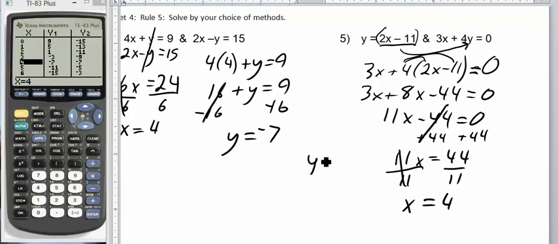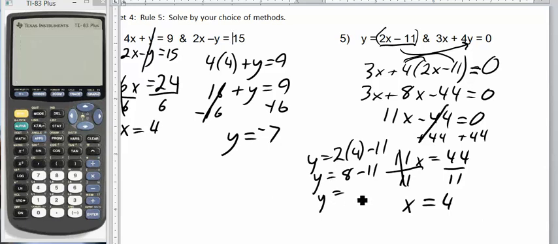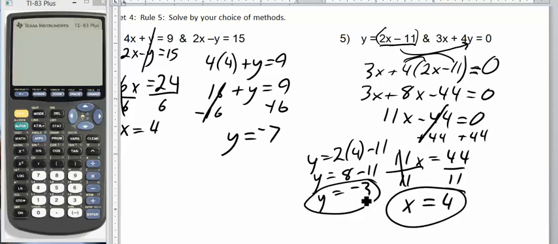So y equals 2 times whatever x is, and x is equal to 4, minus 11. So that's 8 minus 11, and y equals negative 3. So our answer is x is 4, and y is negative 3.